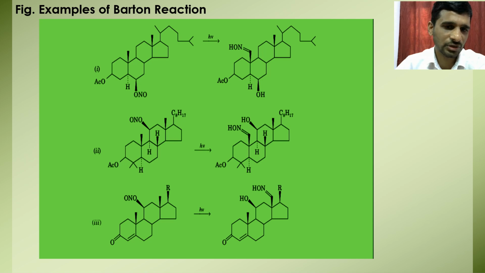First a nitroso alcohol will be formed, and then the oxime will be formed on the left hand side rather than the right hand side, because of the presence of the octyl side chain on the cyclopentane moiety.